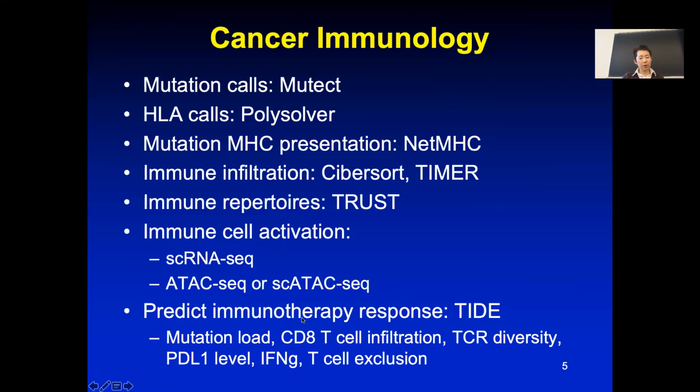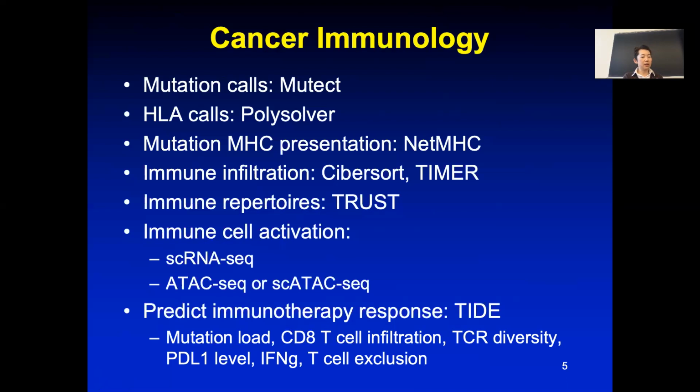And in terms of predicting immunotherapy response, we described this algorithm, but there are also many different biomarkers, right? Mutation load: we want tumors with high mutation load or microsatellite instability. Tumors with high CD8 T cell infiltration are good. T cell diversity might tell us about immune health.